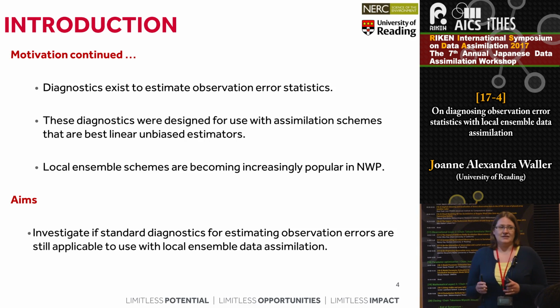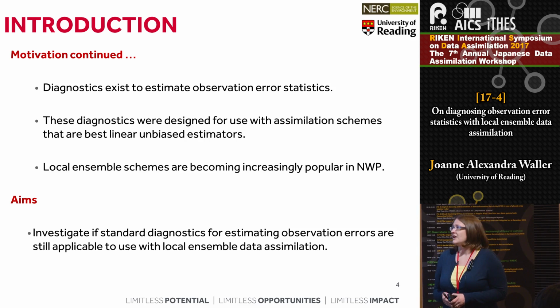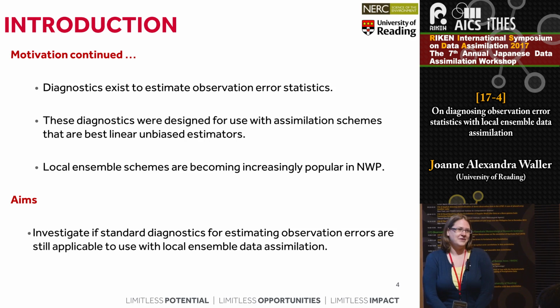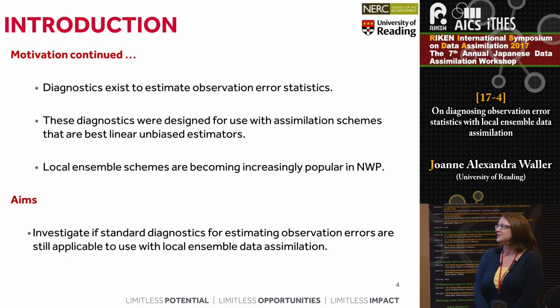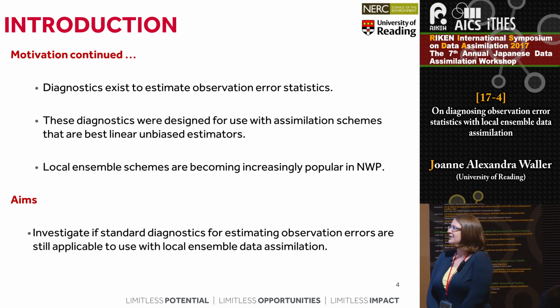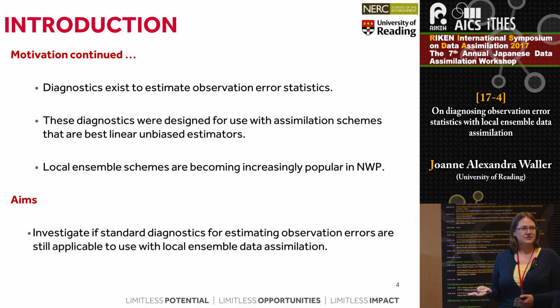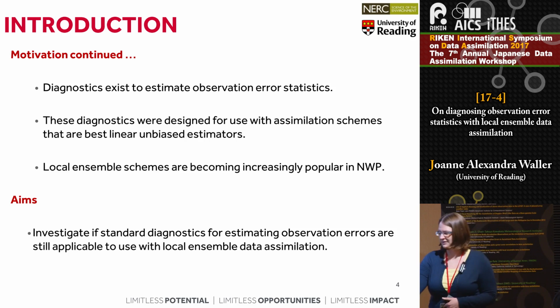Originally, this set of 4 diagnostics was designed for use with best linear unbiased estimator schemes, and they've since been proven to also work with variational methods. But again, as we've seen at this symposium, ensemble methods are becoming increasingly important and definitely popular in NWP. So the aim of this talk is to see if we can apply these diagnostics that have been used in variational schemes to ensemble schemes.